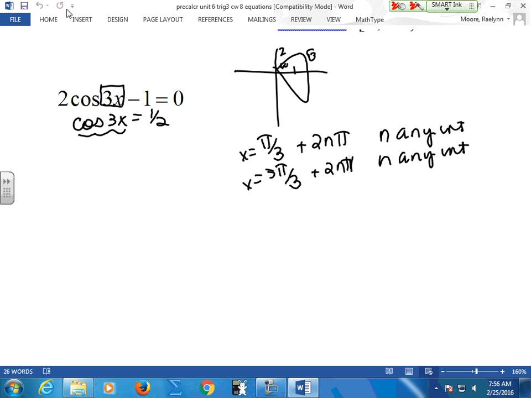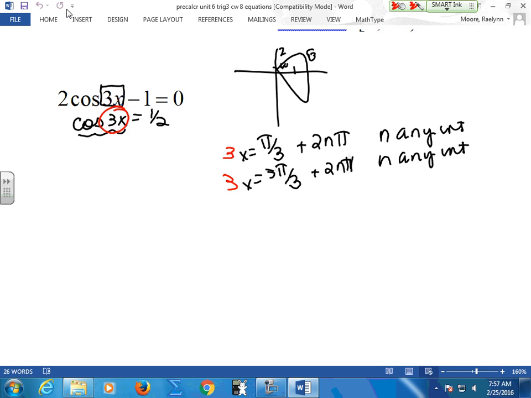If I have a multiple angle, do I get more angles or less angles? More angles, right? For every 1, I should get how many? 3. So if I have 2 solutions in 2 pi, how many solutions should I get in 2 pi? 6.